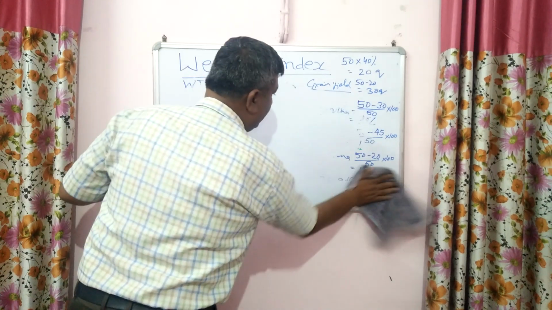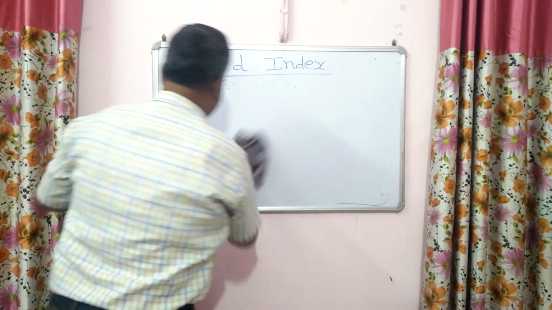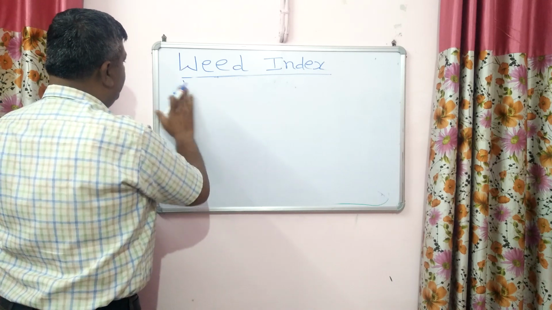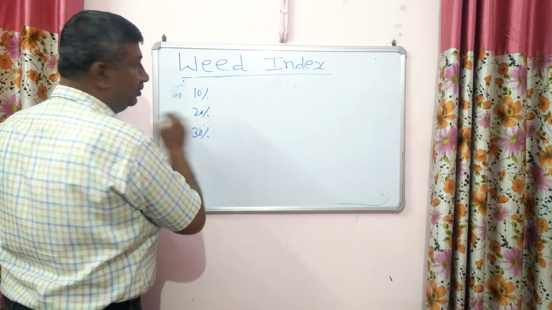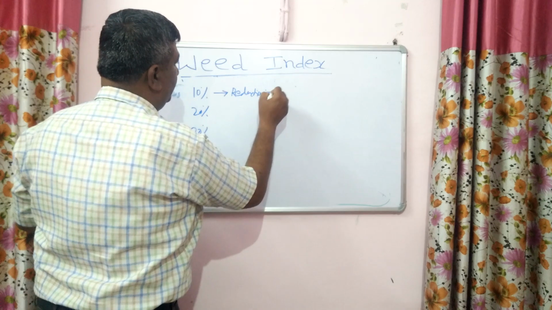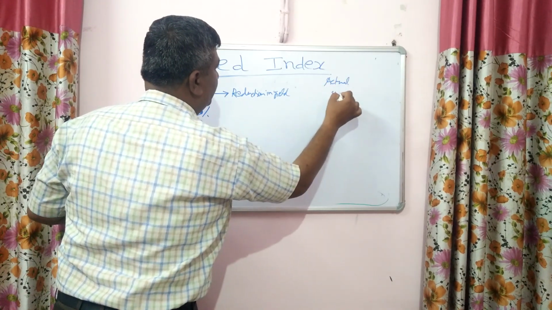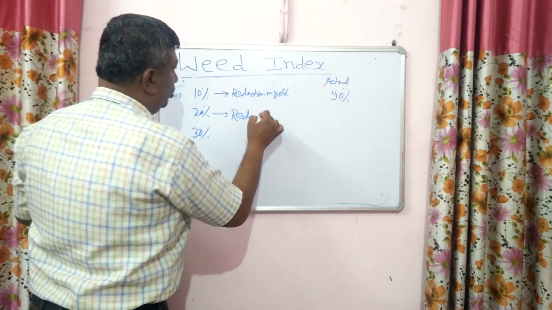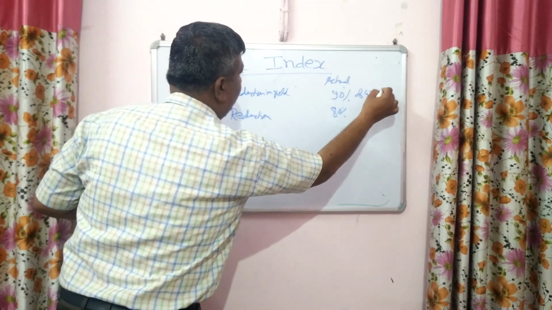yield is obtained and what is the severity of competition. So suppose weed index value is 10%, 20%, 30%. Suppose then it is 10% reduction in yield. So actual yield is 90%. 20% is reduction, so actual yield is 80% of weed free.